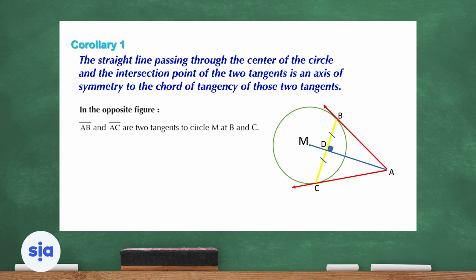As you can see here in this figure, AB and AC segments are two tangents to circle M at points B and C. Then AM is an axis of symmetry to BC as a chord. Then AM is perpendicular to BC and BD is equal to CD.